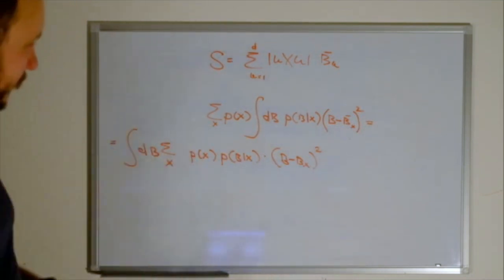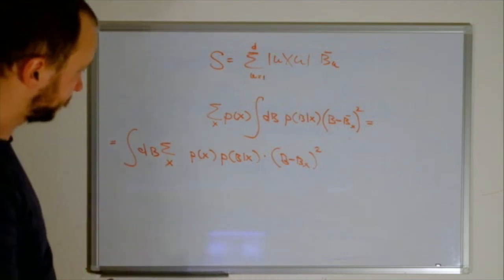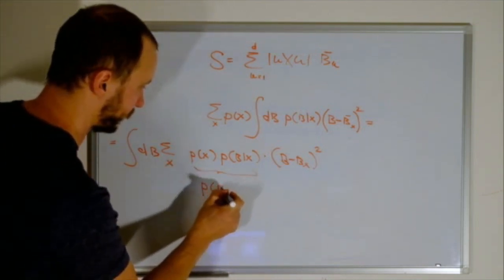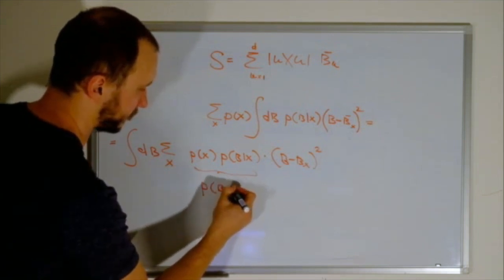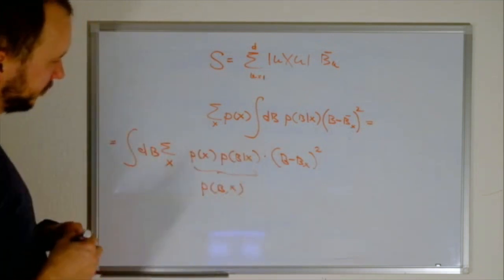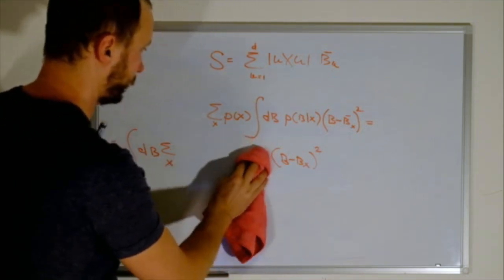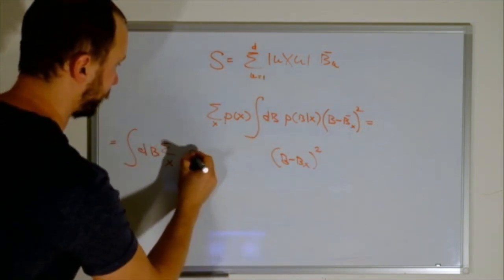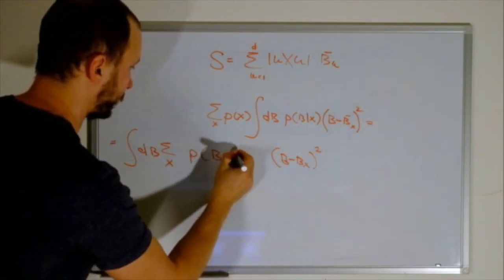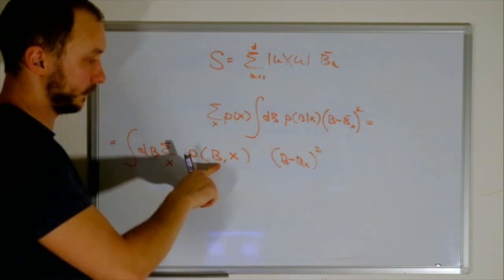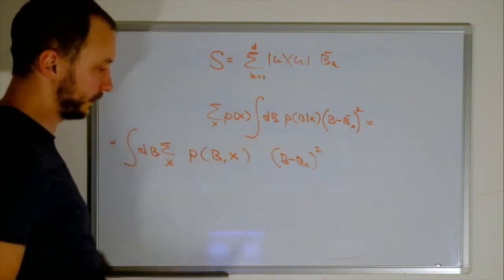Now if you look at this expression clearly, using the Bayes rule, this is just the joint probability p of b and x, because it's conditional on x times p of x. Here we get p of b and x, so the joint probability to observe the outcome x and that the field value is b.